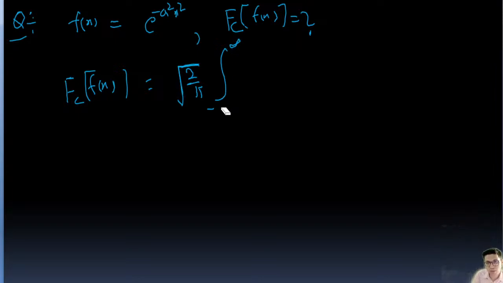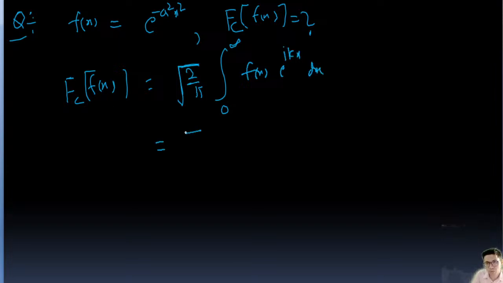So this is integration 0 to infinity of fx, that is e to the power minus a square x square, times e to the power iota kx dx.